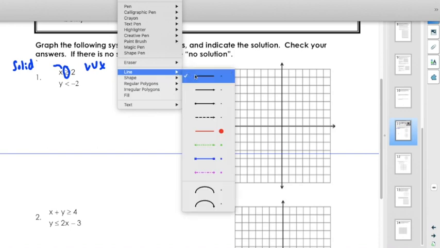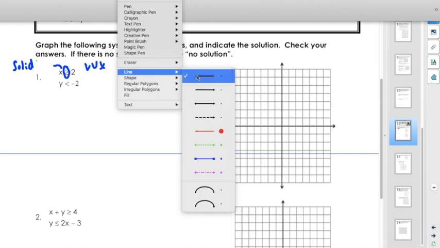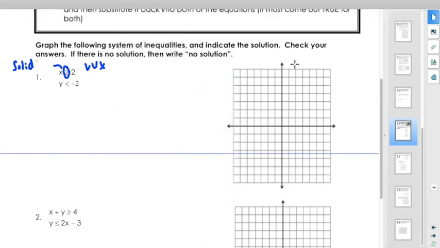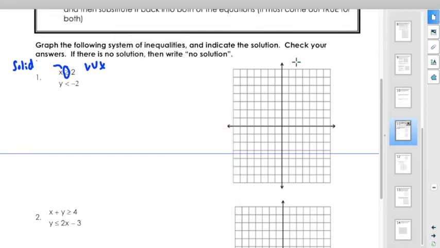Again, yours should have arrows on them, but since I'm doing this on a laptop, it's kind of hard to do. And actually what I'm going to do is use the blue one just to stay consistent with the colors. That's the only reason I'm using this blue line here. Okay, so there we go. Greater than or equal to 2.